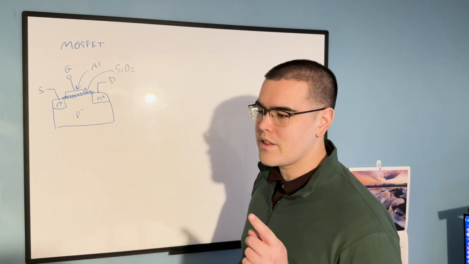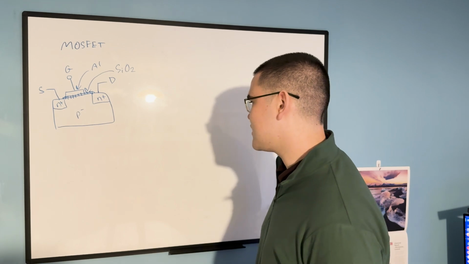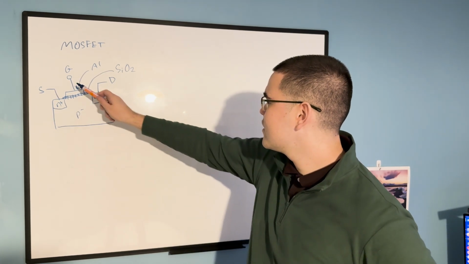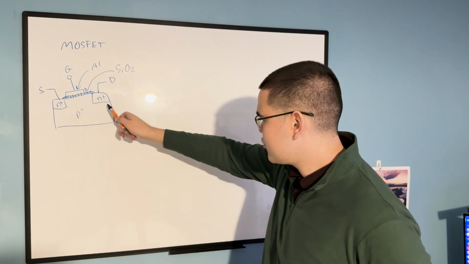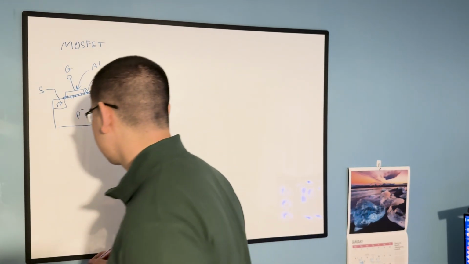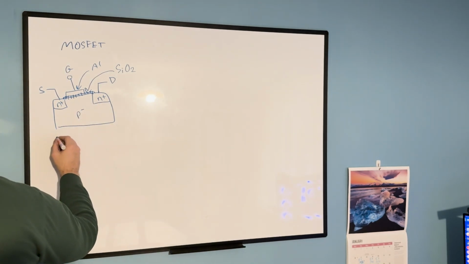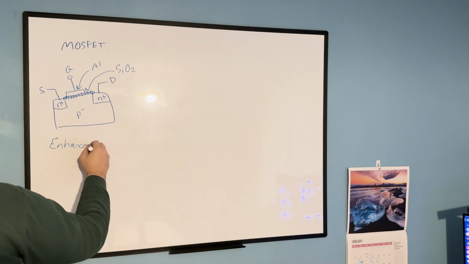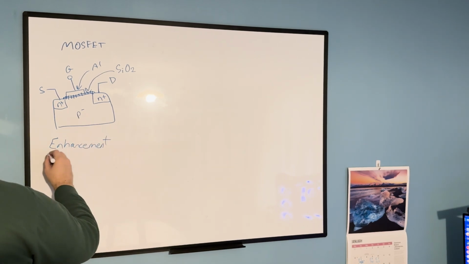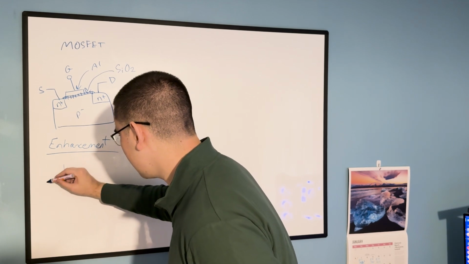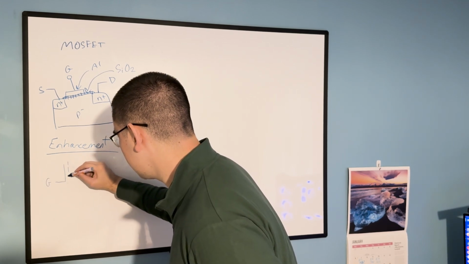And I guess that's another thing you should know about the MOSFET, which is how you draw it in the circuit. So you can see here is the gate, the source and the drain. So let's see how it works in enhancement mode. So we'll draw the gate contact like this.